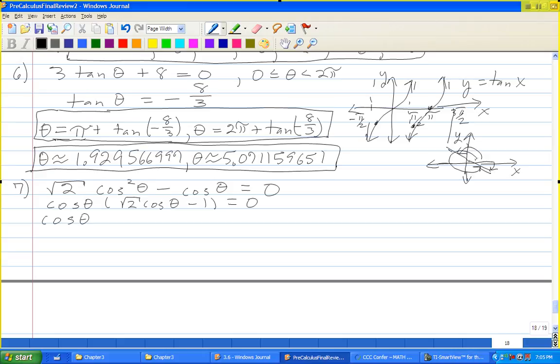Therefore, setting each factor to 0, I have cosine of theta is 0, or rad 2 cosine theta minus 1 is 0. So I have that cosine theta is 1 over rad 2. And I want to solve this in 0 to 2 pi.